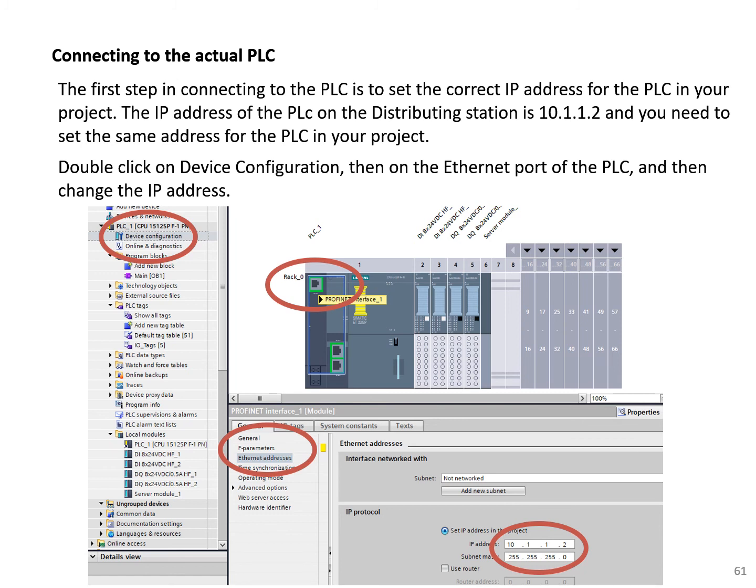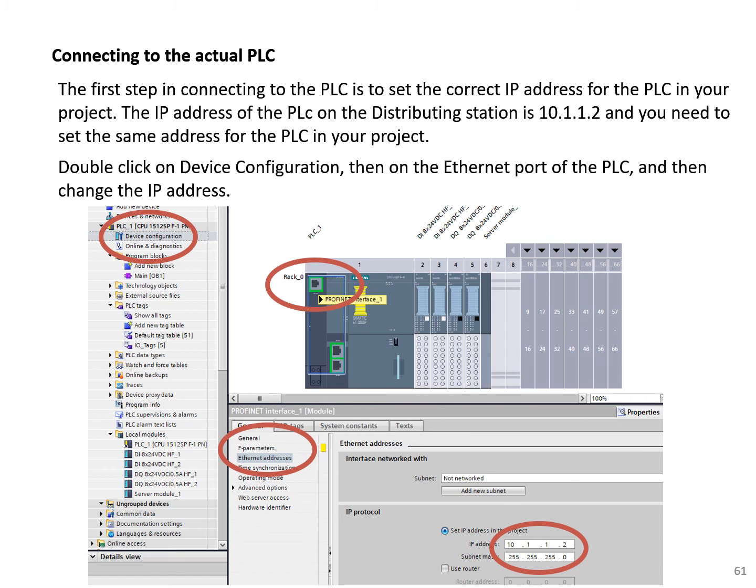Connecting to the actual PLC, the first step is to set the correct IP address for the PLC in your project. The IP address of the PLC on the distribution station is 10.1.1.2, and you need to set the same address for the PLC in your project.